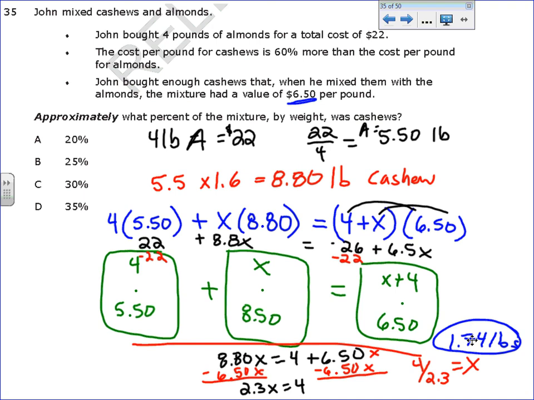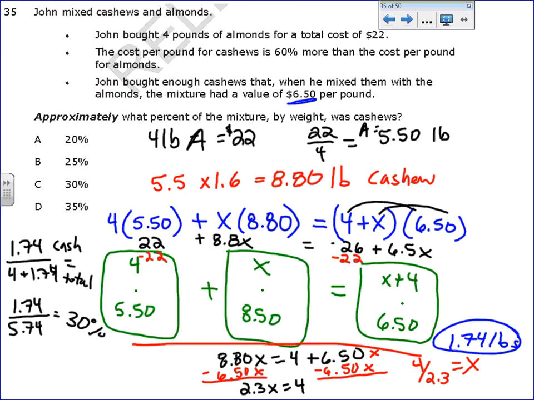So now I have to, the total amount that I bought, okay, so sorry, 1.74 pounds of cashews, out of the total, 4 plus 1.74, which is the same thing as saying 1.74 out of 5.74. What percent of the cashews out of the total? And you get 30%. Okay, so clearly this was a very involved problem, very multi-step.